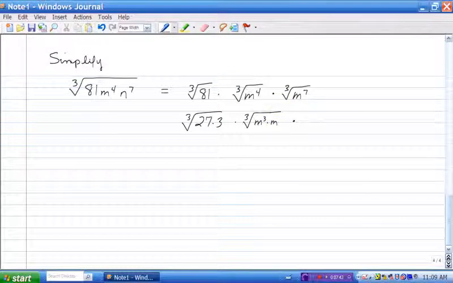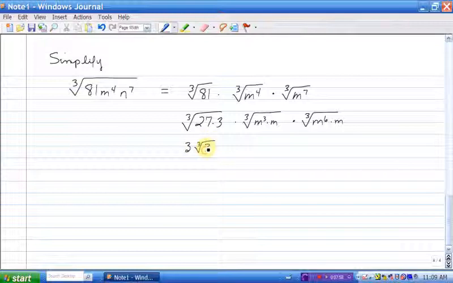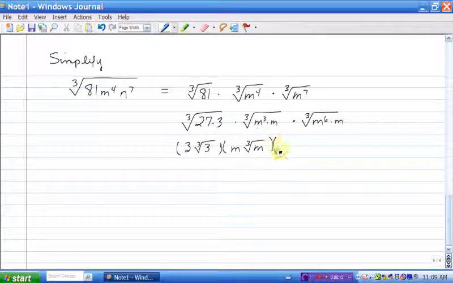So the cube root of 27 is 3, but I still got a 3 left under that cube root. The cube root of m cubed is m, and I've still got an m left under that cube root. And then the cube root of m to the 6th is m squared, and I'm left with a cube root of m. So all these are cube roots across here.